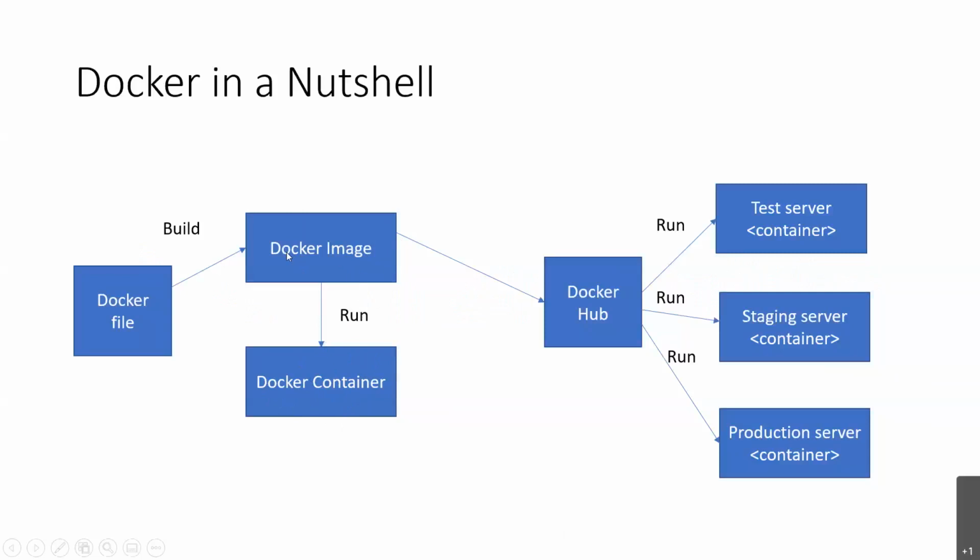A Docker image is a static file. It will have the content related to the software that is going to get containerized, and that will be present in an image. Usually these Docker images are present in Docker Hub. Yesterday we touched upon Docker Hub a little bit. Docker Hub is a registry in which you can access all the public repositories, and it will have the images.